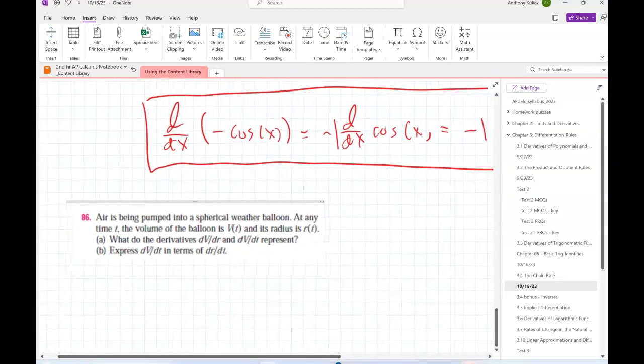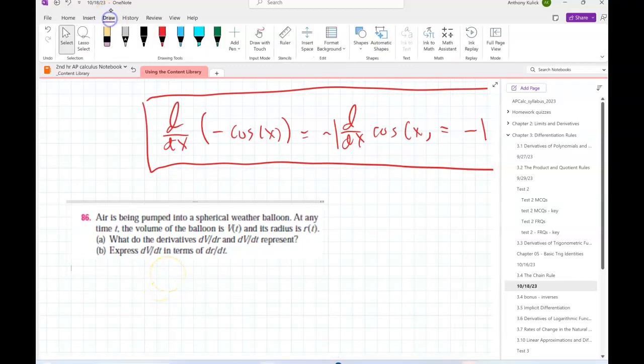Air is being pumped into a spherical weather balloon. At any time t, the volume of the balloon is V of t, and its radius is r of t. What do the derivatives dV/dr and dV/dt represent? Okay, so both of these are rates.